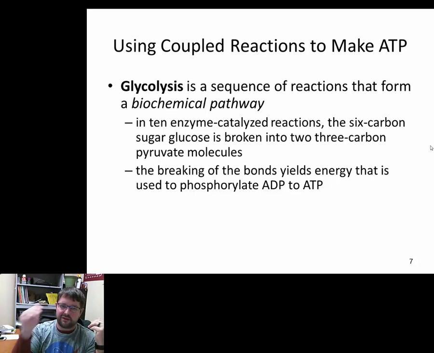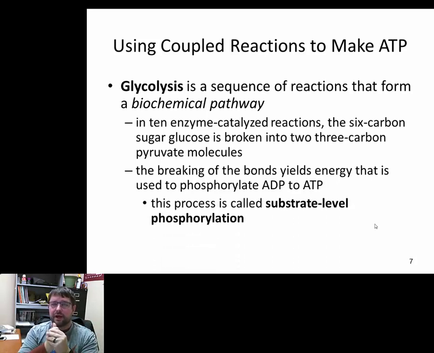It's going to go through the 10 enzymes until that 6-carbon glucose molecule is broken into 3-carbon pyruvate molecules, or 2 3-carbon pyruvate molecules. Okay? And with that energy from the breaking and reforming of bonds, there's enough energy for phosphorylation to occur. And so you can phosphorylate ADP to form ATP. When you do that, we call that substrate-level phosphorylation.